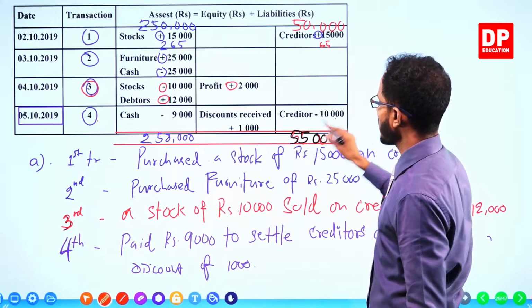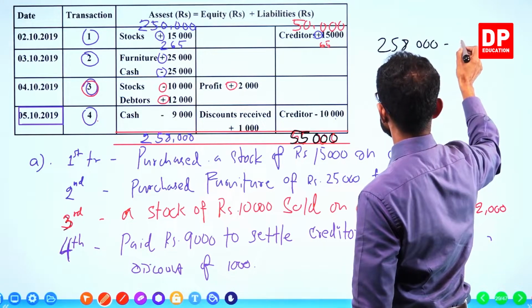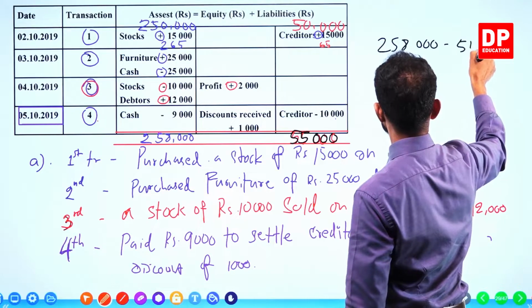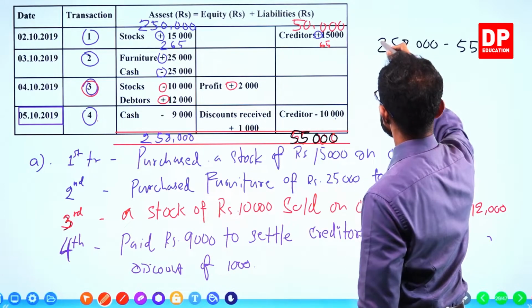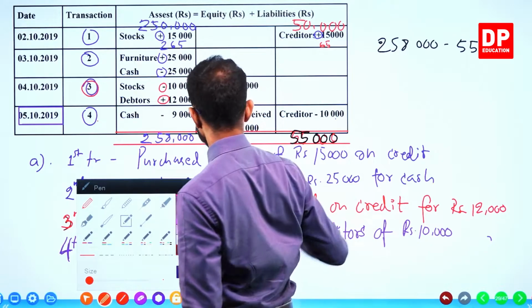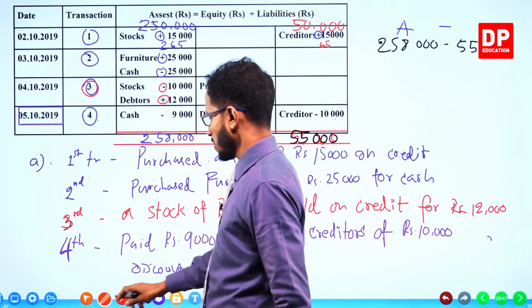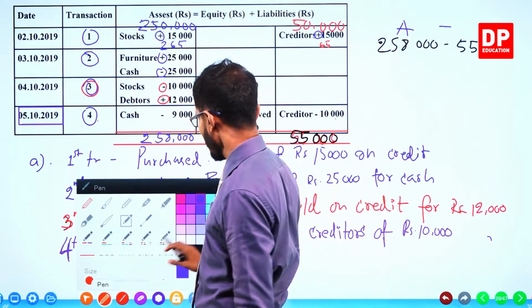258,000 minus 55,000. These are the assets minus what?